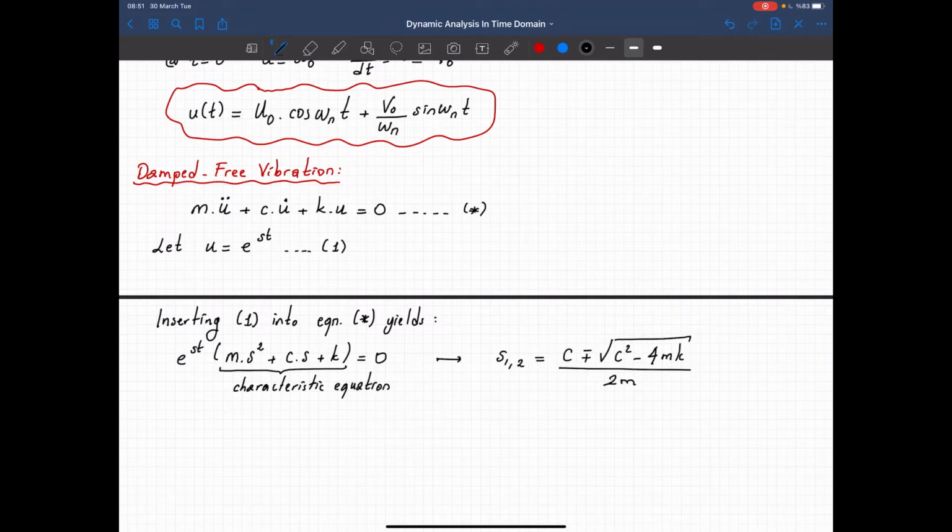So if c squared minus 4 times mk is smaller than 0, then we have a complex root, and we call this result the underdamped case.